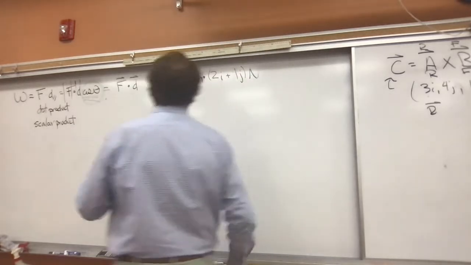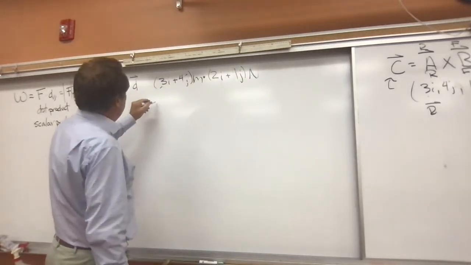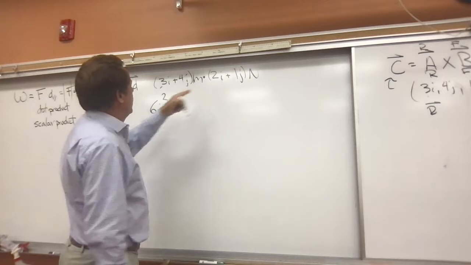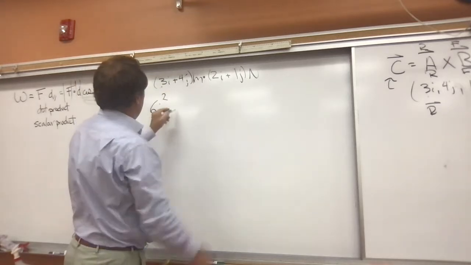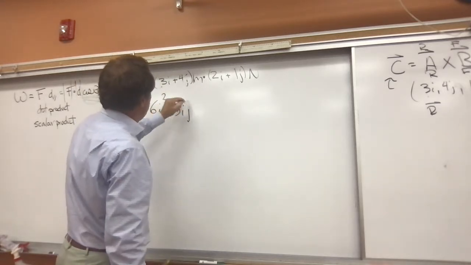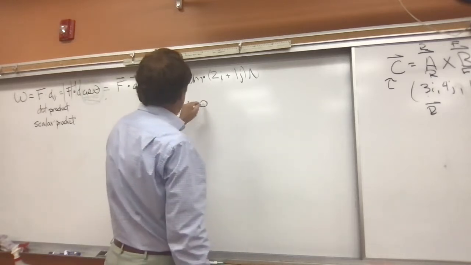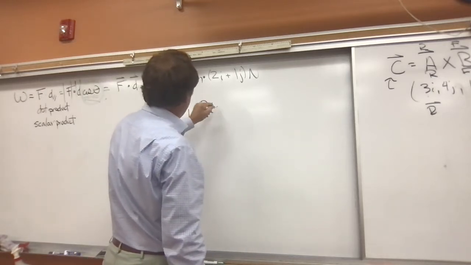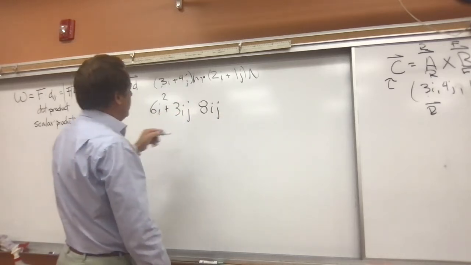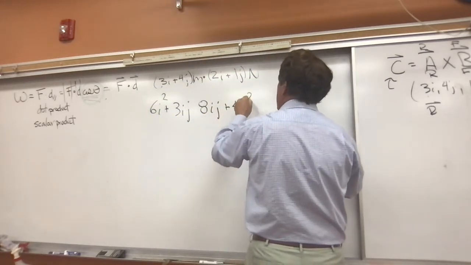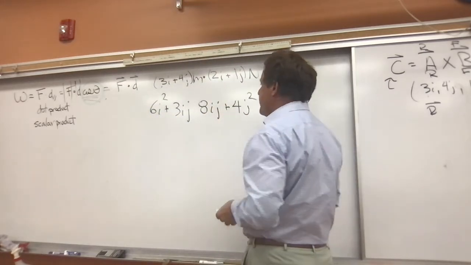So first we're going to have 6I squared, and then 3IJ, and 8IJ. And finally, we're going to have 4J squared.